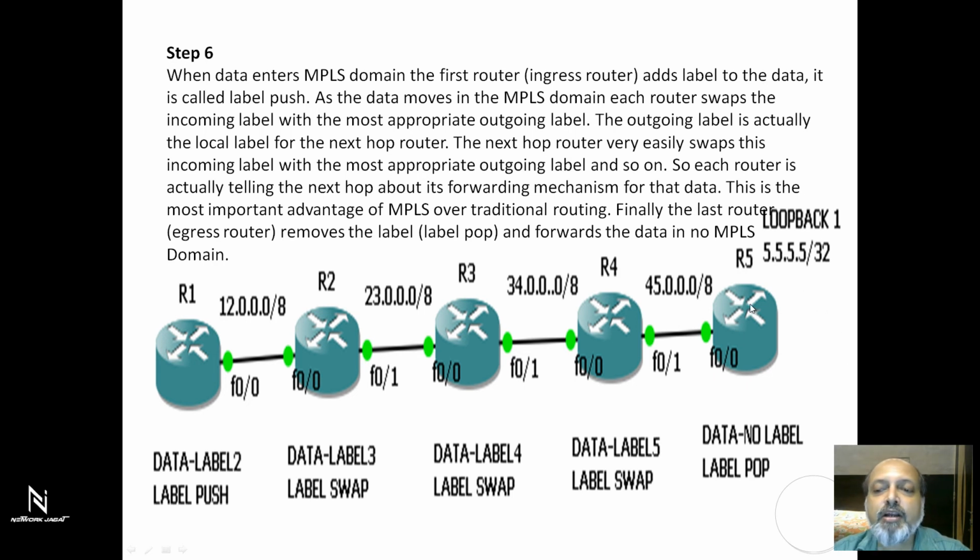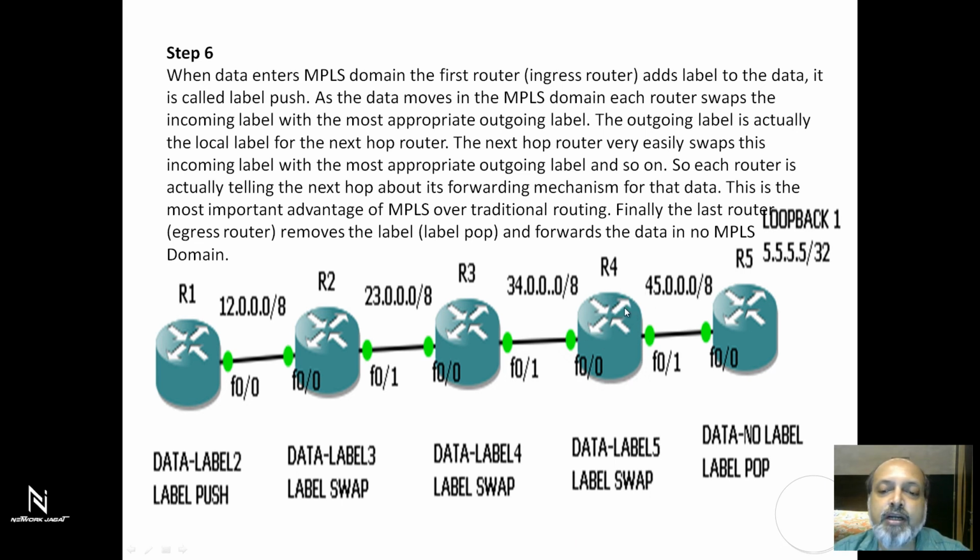So it will take a lot of time, R5. Now to reduce its burden, the label popping task is actually done by the last but one router or the penultimate router. And this is called penultimate hop popping.